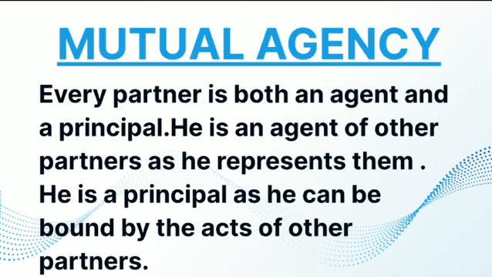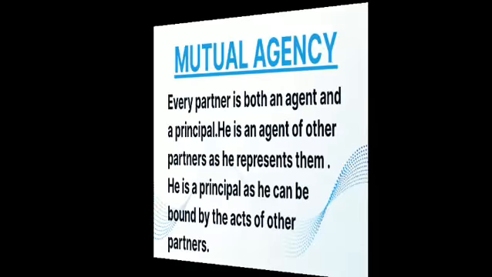He is not only an agent, he is also the principal, because other partners' behavior will also have influence on any partner for that matter. So this is what is principal: principal as he can be bound by the acts of other partners. So whatever behavior or whatever image is represented by other partners is reflected on that one particular partner.